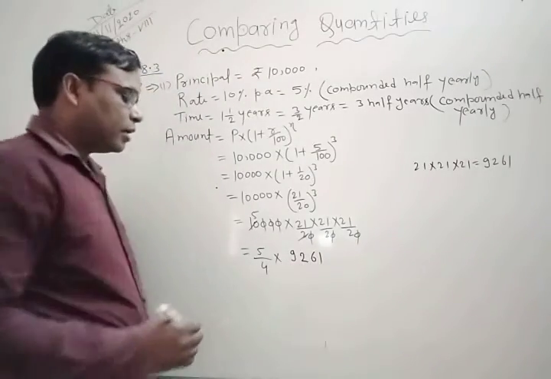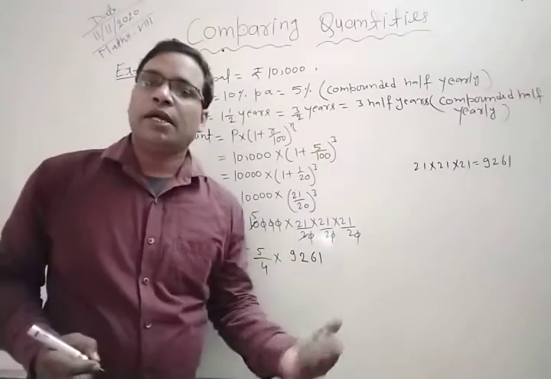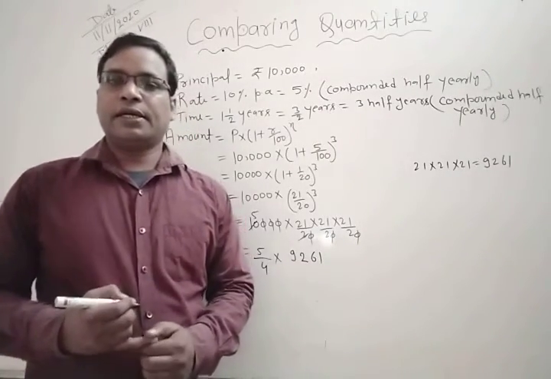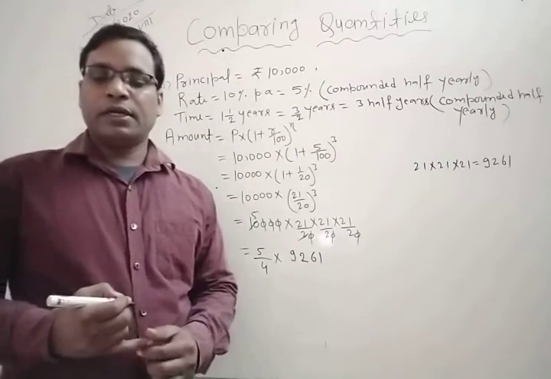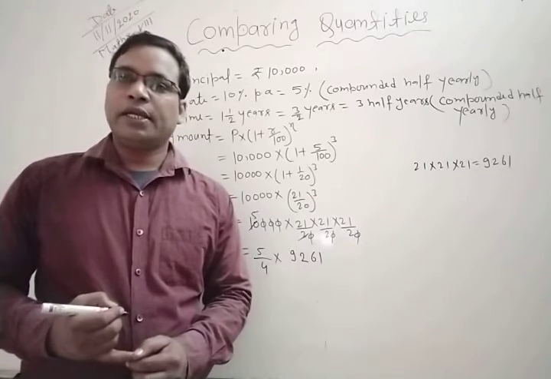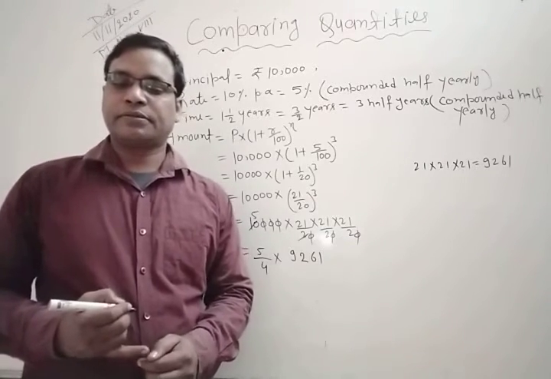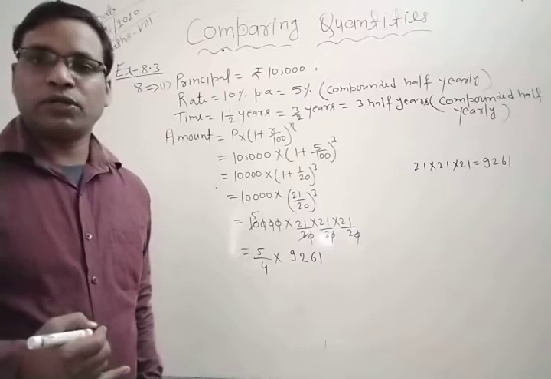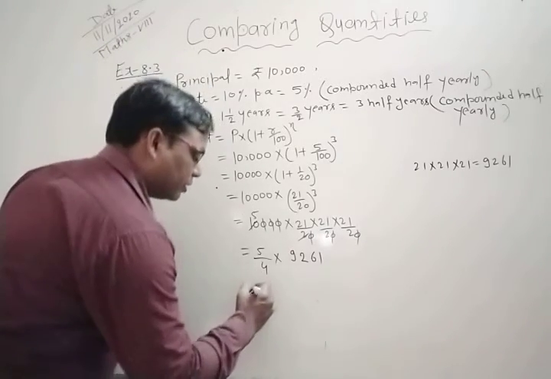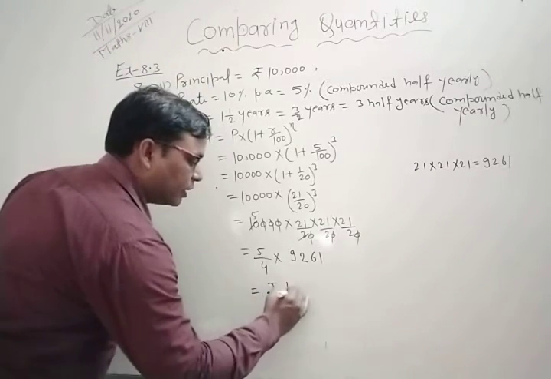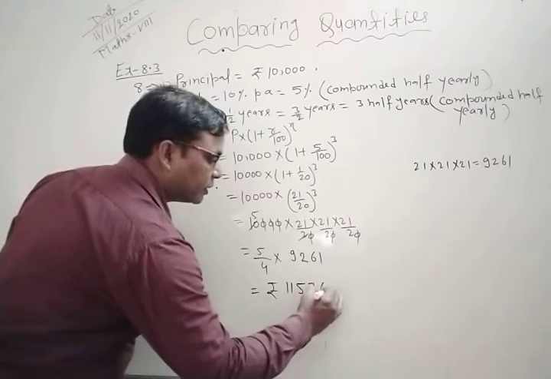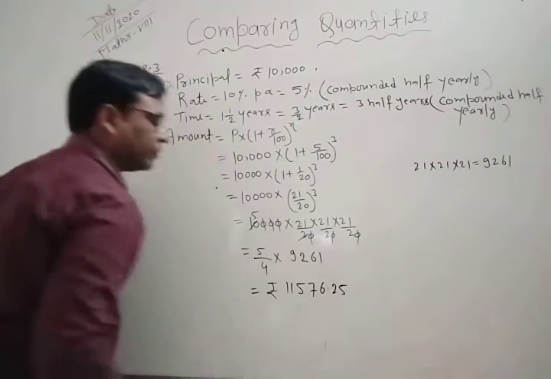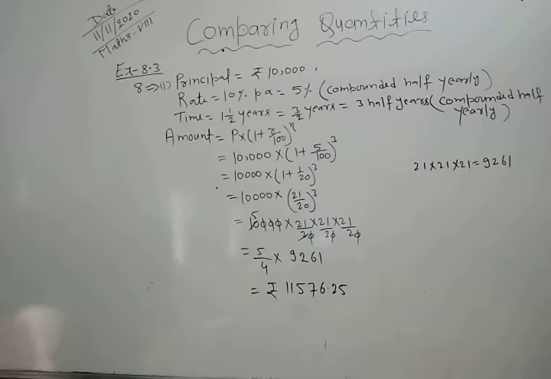Clear? Again you multiply it by 5 and divide by 4. Then you obtain 11,576.25. Then you obtain rupees 11,576.25. Clear? This is the amount.